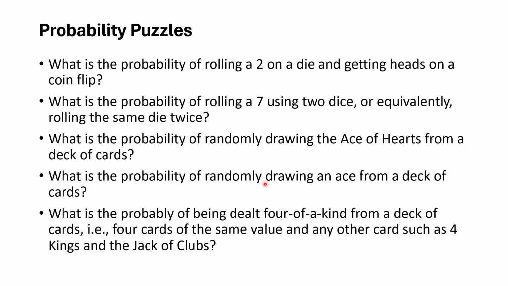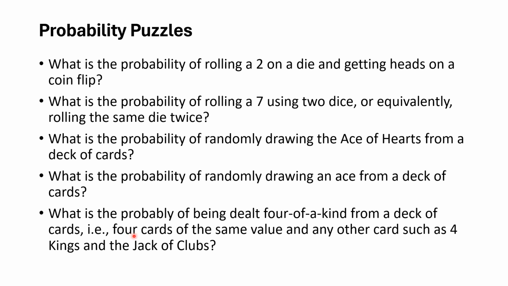What is the probability of randomly drawing an ace from a deck of cards? So similar to this, but now, of course, we have 4 aces. Then the last one here is a bit harder. What is the probability of being dealt 4 of a kind from a deck of cards? And this is a reference to a poker hand. So you're dealt 5 cards, and the question is, what's the probability that 4 of them are the same?